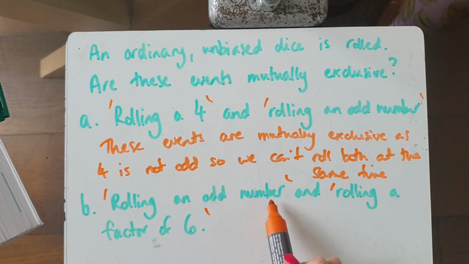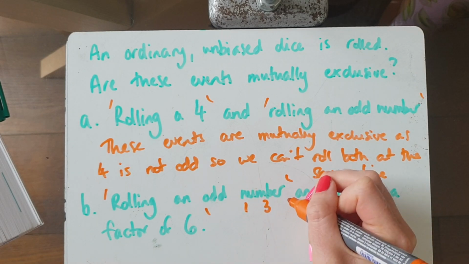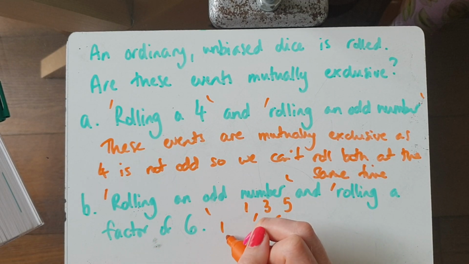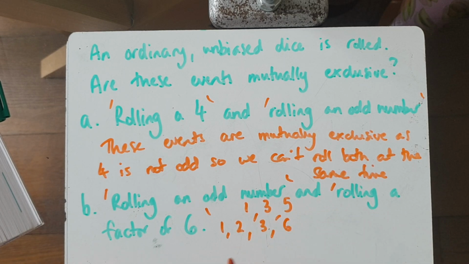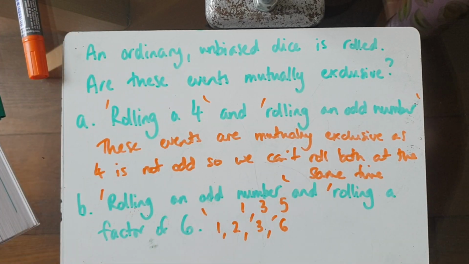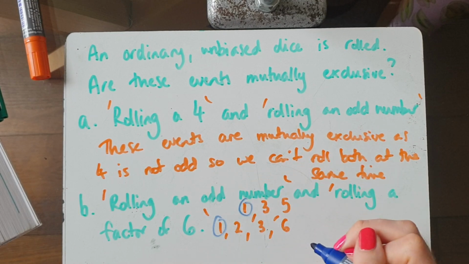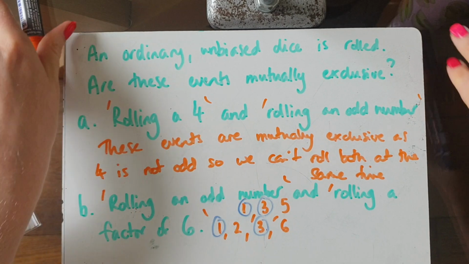Rolling an odd number would have to be the numbers 1, 3, or 5. Rolling a factor of 6 would have to be the numbers 1, 2, 3, or 6. So actually, there are two numbers which are both odd and a factor of 6.